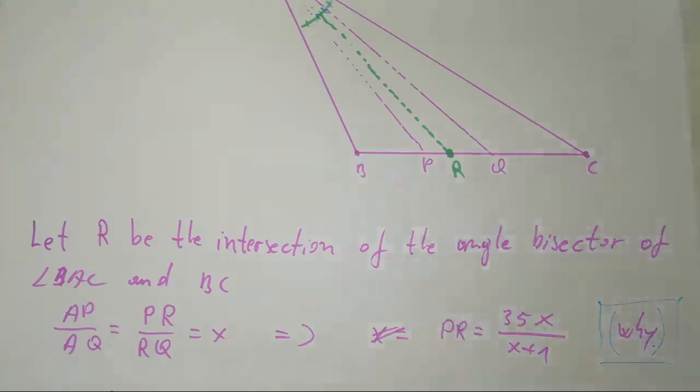Which one showed that PR is 35x over x plus 1?